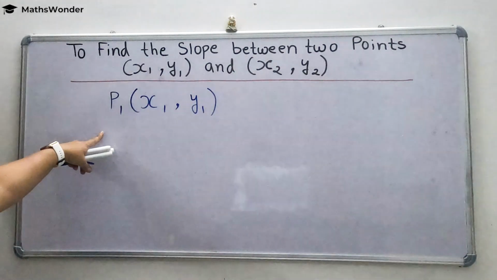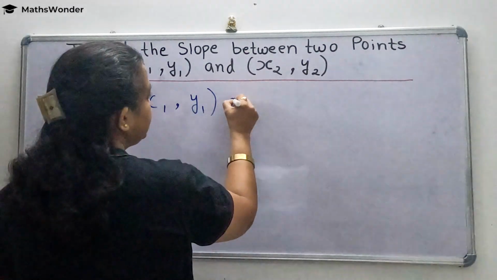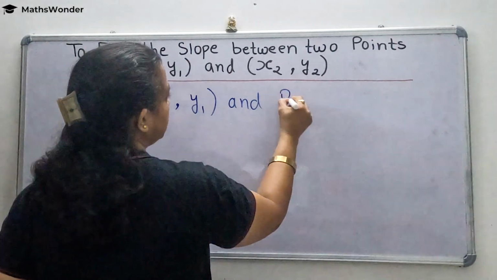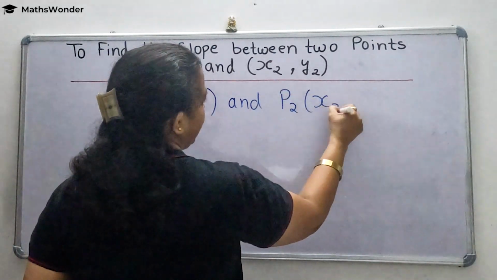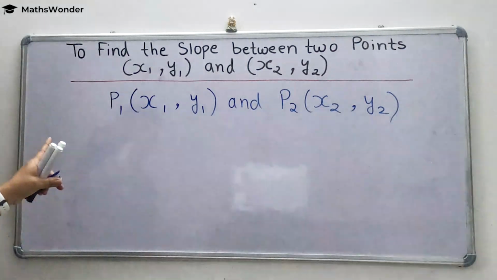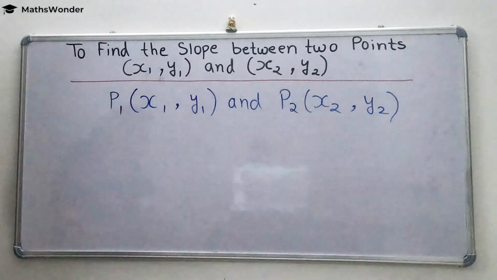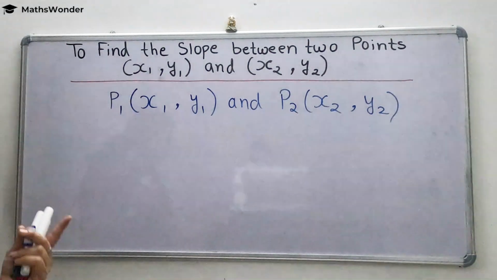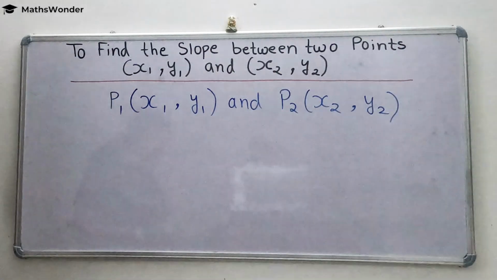This is point 1, and the second is point 2, x2 y2. Now we have two points on the line. Now you have to determine the difference of their y coordinates and their x coordinates, and then divide it. You will get the slope.